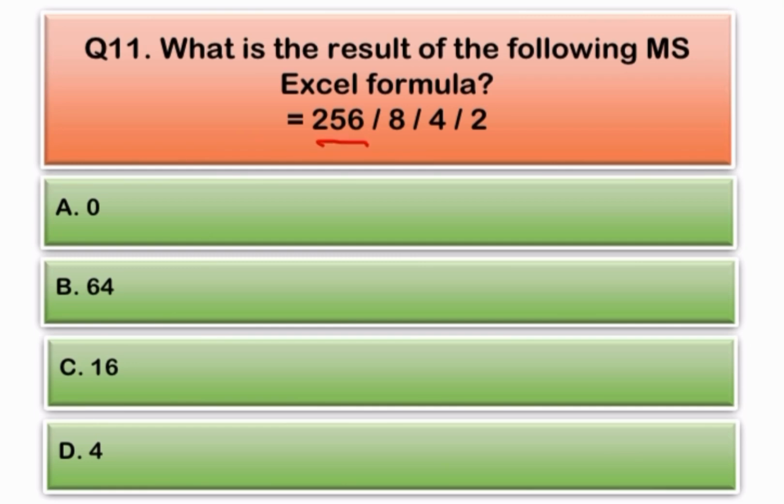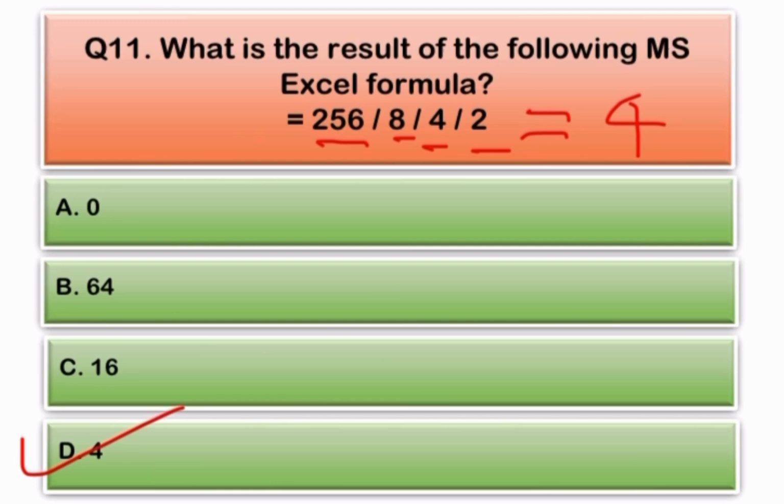So we first divide 256 by 8 to obtain 32. Then 32 is divided by 4 to give us 8, and then 8 is divided by 2 to give us 4. So 4 will be the correct answer, and D is the correct option.